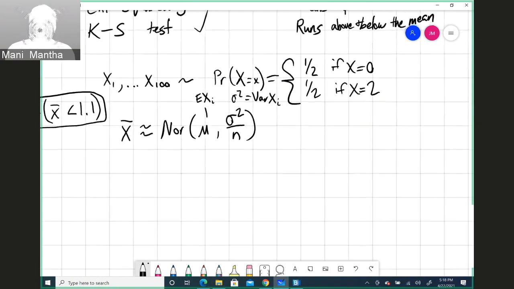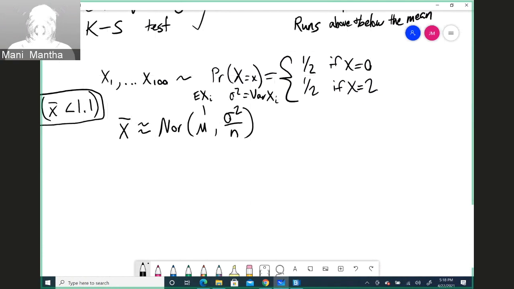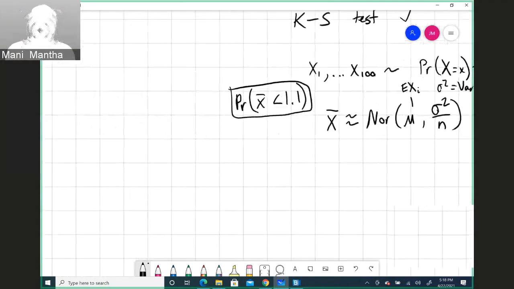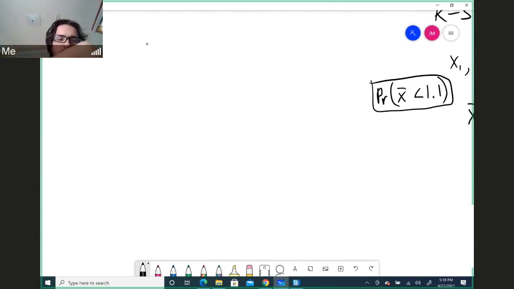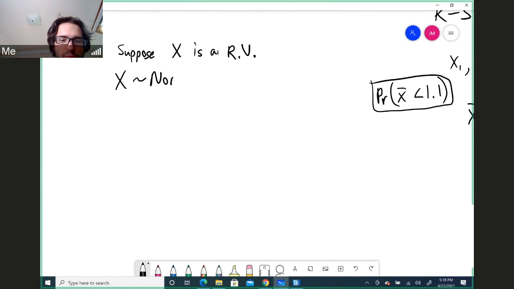Let me step back and talk briefly about this. It's a notational issue. Suppose x is a random variable, and we say that x is distributed as normal, with some number here, comma, some number here.